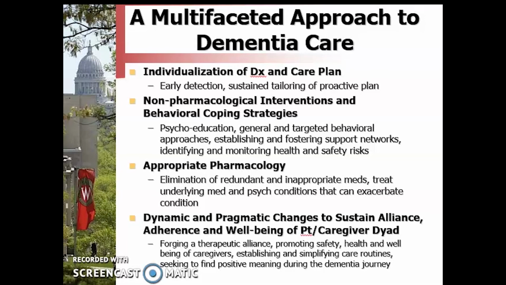So in the end, we're creating a care plan that's going to be individualized for the patient, that's going to engage other team members, that's going to be thinking about the psychoeducation, thinking about the non-pharmacologic, but then also is going to think about the pharmacology from two perspectives: removal of medicines that might be harmful, and potentially adding medicines that might modify the memory difficulties, at least transiently.